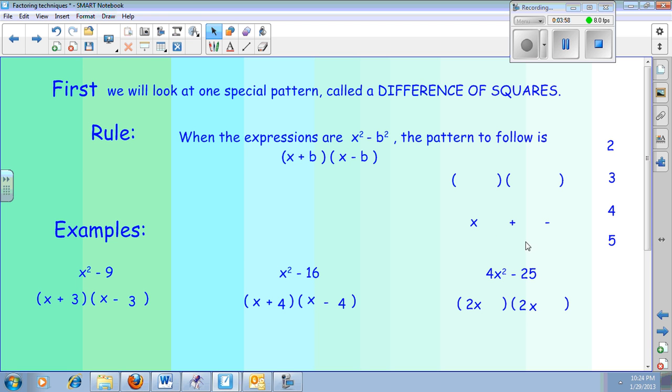And then since we don't have that middle term, it's still going to be plus and minus. The last part is the square root of 25. Happens to be 5. So we'll put a 5 into each binomial for 2x plus 5 times the quantity 2x minus 5. And that is how you do the difference of squares for factoring.